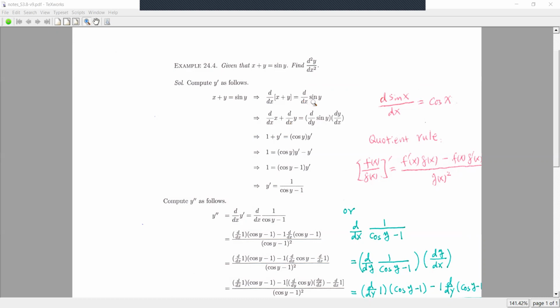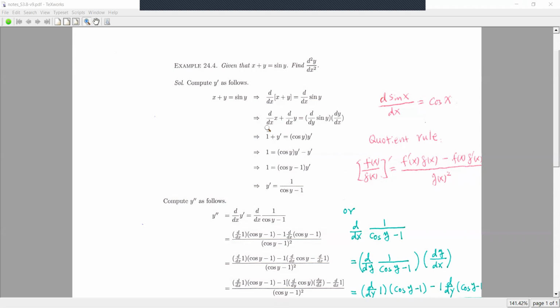About this derivative, I want to use this formula. But this formula requires all the variables to be the same variable. So before I can use this formula, I apply the chain rule. Write this derivative as the product of these two derivatives.